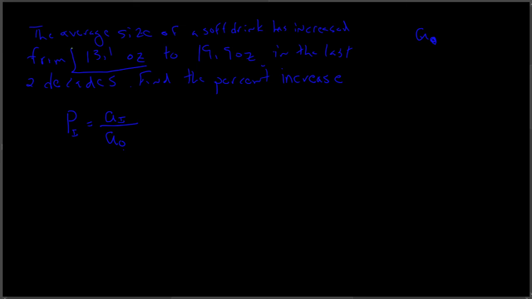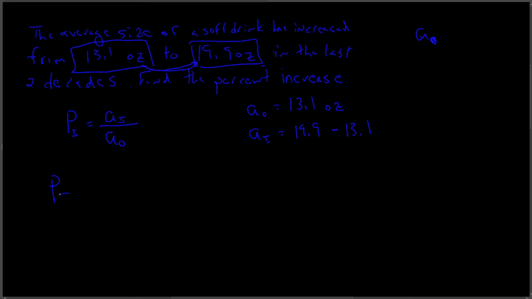It started from this, so the original amount is 13.1 ounces. Now the increase means how much did it change? And so that is going to be my final amount minus my original. So in this case, 19.9 minus 13.1.